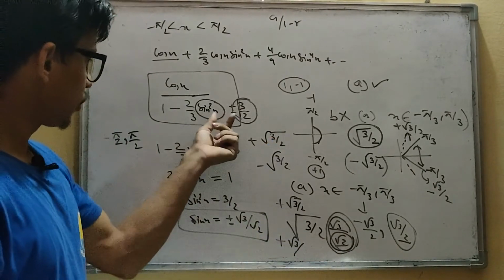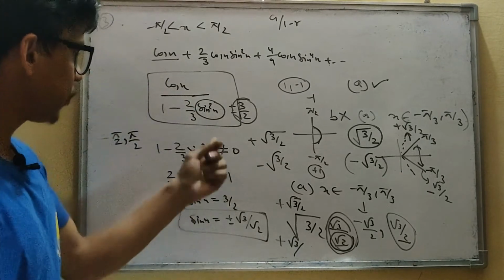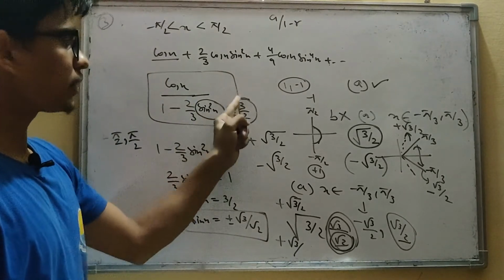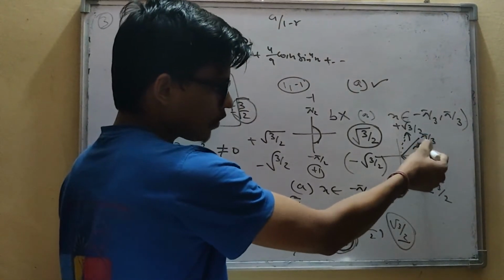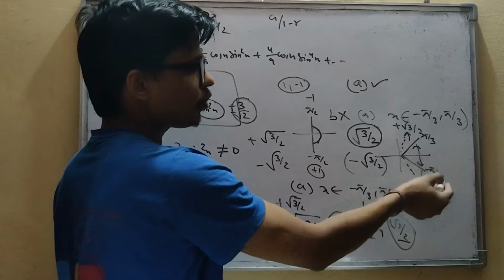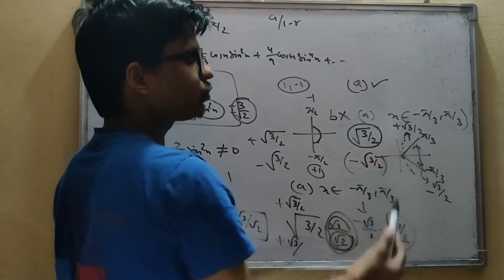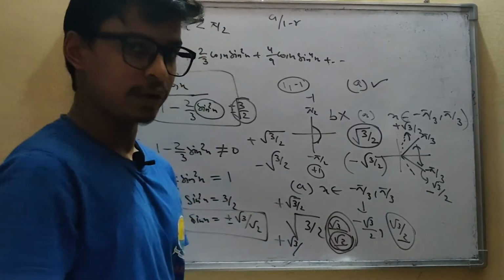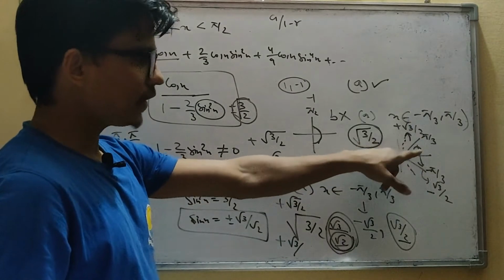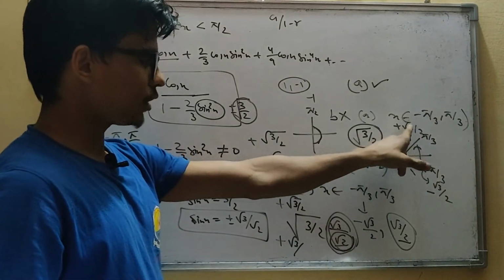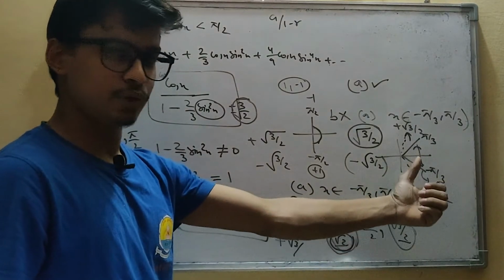So for the sum to be finite, the value of sin x should not equal plus minus root 3 by 2, right? Now for option A, the value of x is such that sin x is always lying between plus root 3 by 2 and minus root 3 by 2.